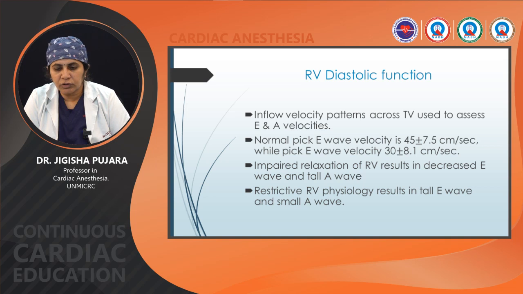Normal peak E velocity is 45 plus or minus 7.5 cm per second, while peak A wave velocity is 30 plus or minus 8.1 cm per second. Impaired relaxation of the right ventricle results in a decreased E wave and tall A wave. Restrictive RV physiology results in a tall E wave and small A wave.